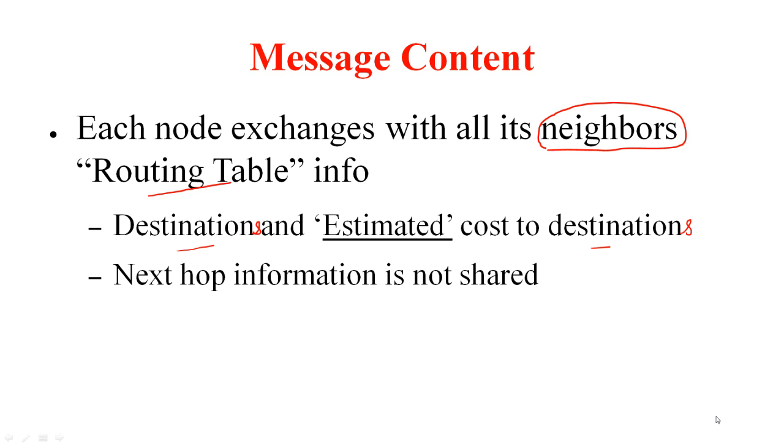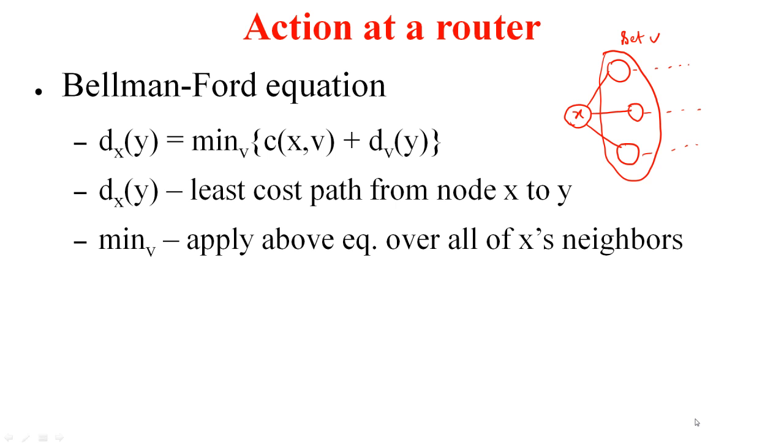Now once a node receives this message, what should it do? This action is based on the Bellman-Ford equation. Suppose this term here represents the least cost path from node X to Y, and let me represent by V the set of X's neighbors.